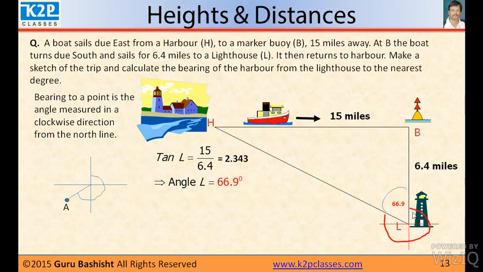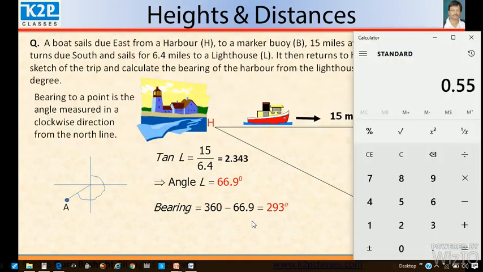So the red one will be 360 minus 66.9. So it is 293 degree approximately, because it is asking us nearest degree. Otherwise 360 minus 66.9 is 293.1, but nearest it is 293. Fine.